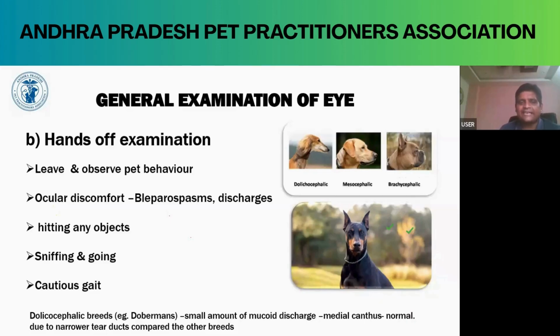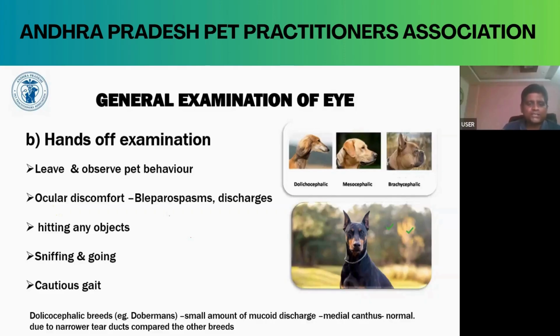Or is it hitting any objects? Or is it showing blepharospasm while going? Blepharospasm is nothing but the continuous eyelid movement. So these things you have to observe during the hands-off examination after leaving the pet in a room.